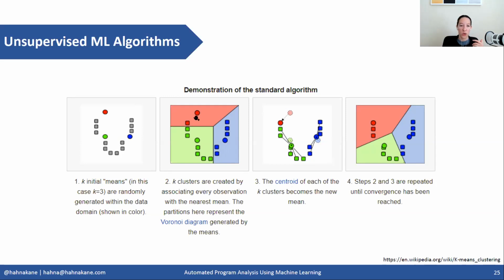So given these 2 data points, it's going to recalculate what it'll deem the new center and move it from here to here. Given all these green data points, it's going to recalculate its centroid. You can see that it moves to here and so on. And so now when it recomputes that new centroid, it's going to repeat steps 2 and 3 to essentially converge to the final set of clusters.